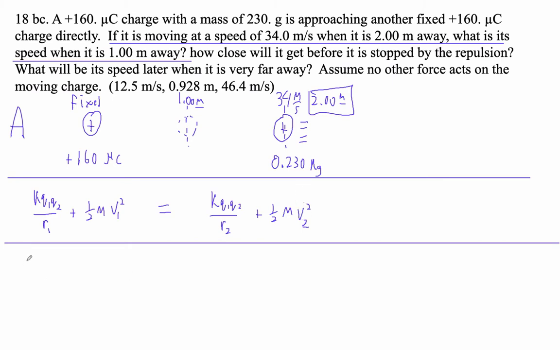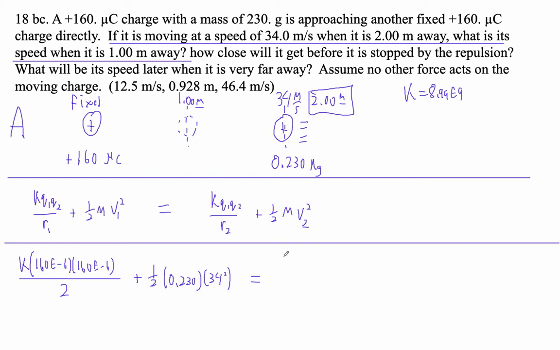So let's plug this in. K times, so K is, of course, our Coulomb constant, right? Okay, so K times 160 E minus 6 times 160 E minus 6 divided by 2 plus 1/2. Our mass is 230 grams, so it's 0.230 times 34 squared.